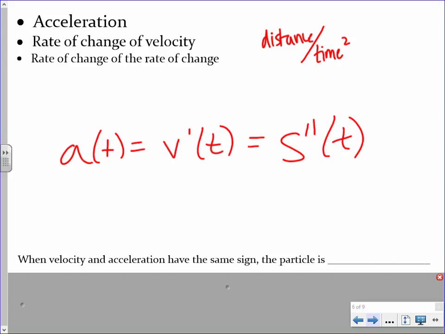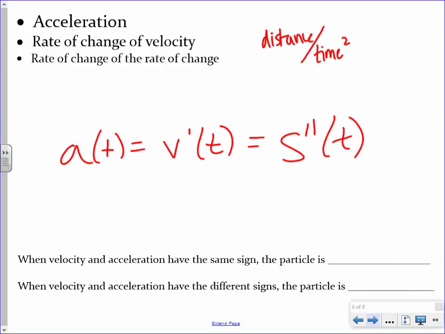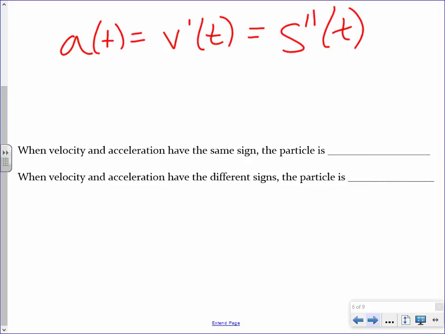So, if we want to say that we're speeding up or slowing down, we have to think about the direction of our movement. If our velocity and acceleration have the same sign, meaning the velocity and acceleration are going in the same direction, then we can say we are speeding up.